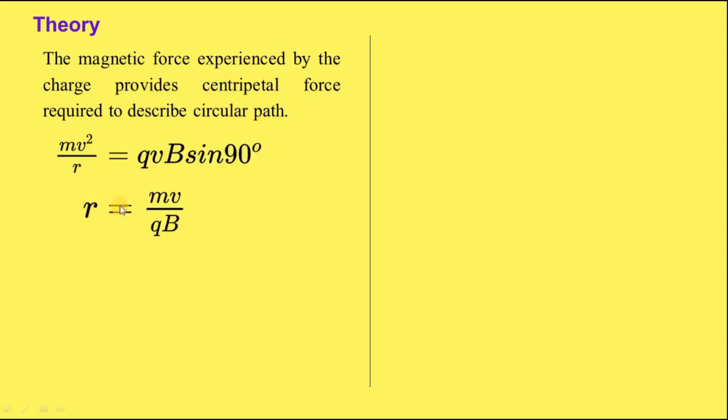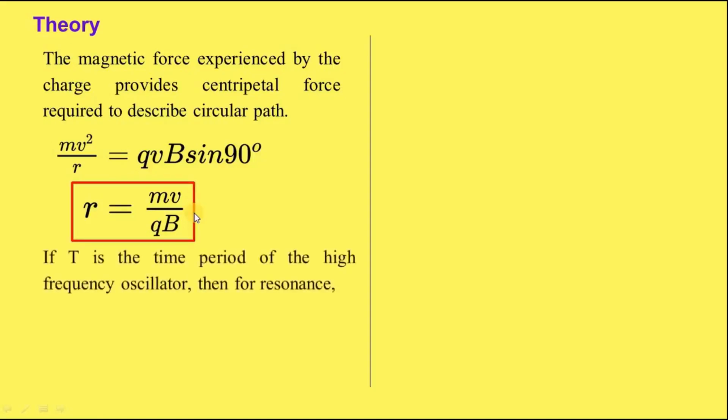So simplifying, we get r equal to mv by qB. Here r is the radius of the circular orbit. If T is the time period of the high frequency oscillator, then at resonance T is equal to 2 pi r by v.